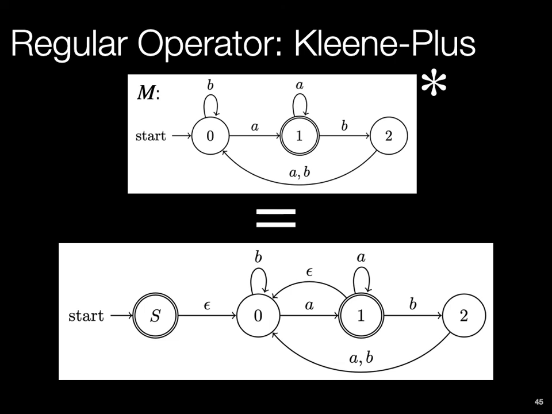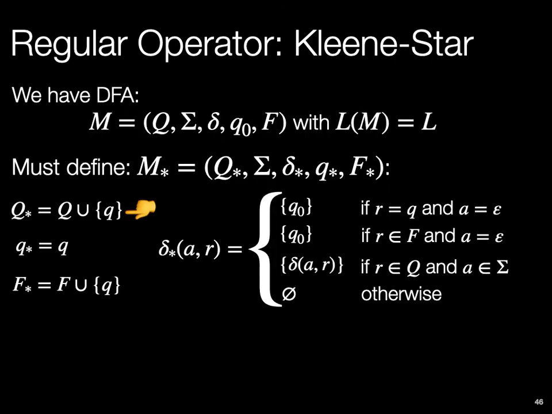Let's take a look at the formal definition. Our new NFA has the same states as M with an additional new state called Q, where Q is not already a member of M's set of states. Our start state is our new state Q. The final states consist of the original final states with the addition of the new start state being final.